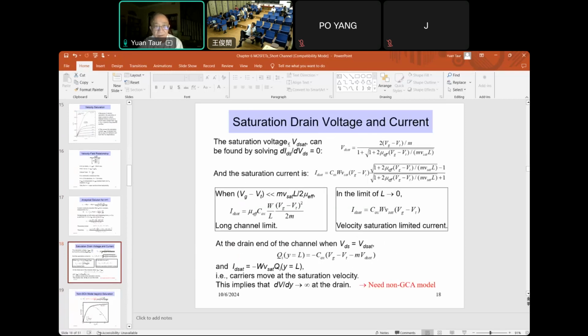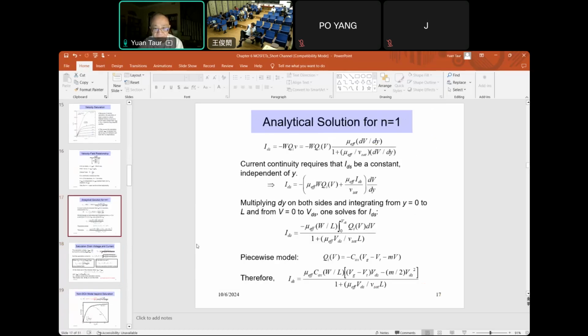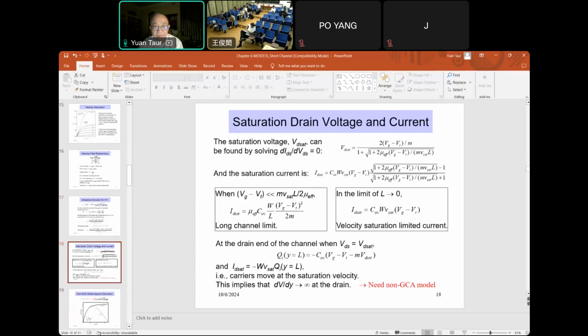So we find V_Dset by solving this equal to 0, and it becomes this expression. It's not simply (V_g minus V_t) over m because of the VDS dependence in the denominator. But you can still see that if V_set equals infinity, that's 0.